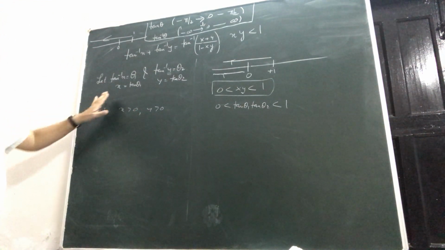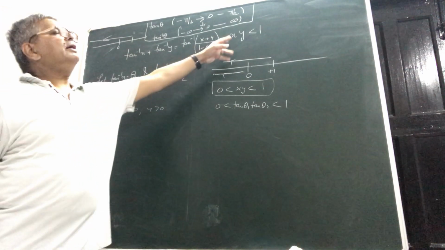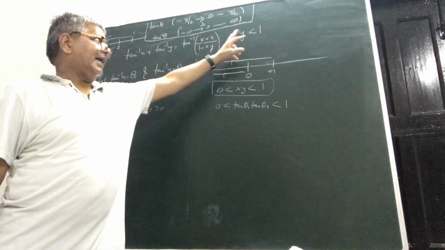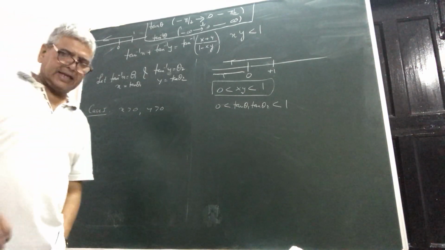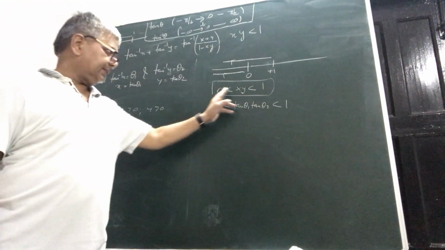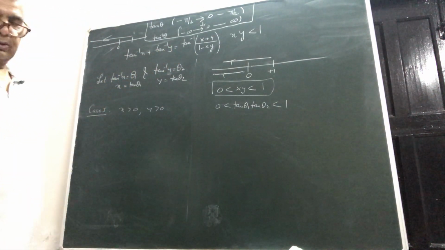The second case will be similar: both of them are negative, because then xy will still be positive and lying between 0 and 1. So first we are taking the case when both x and y are positive and the product is lying between 0 and 1. Then let us see that this formula still holds good.